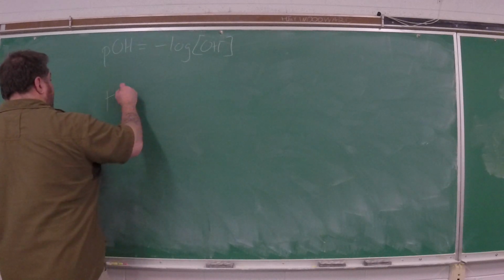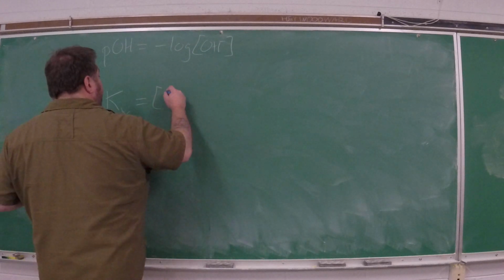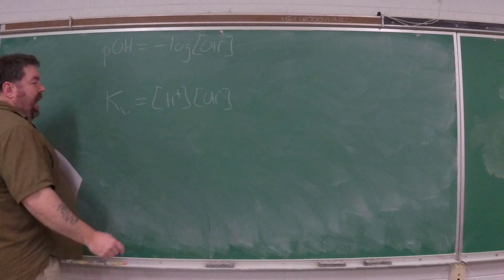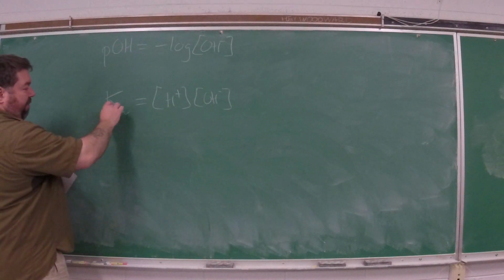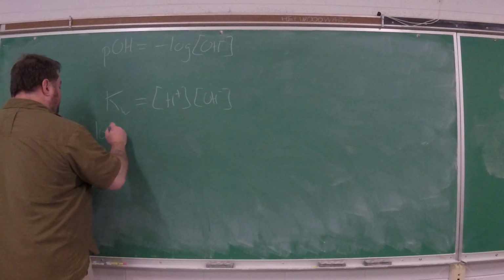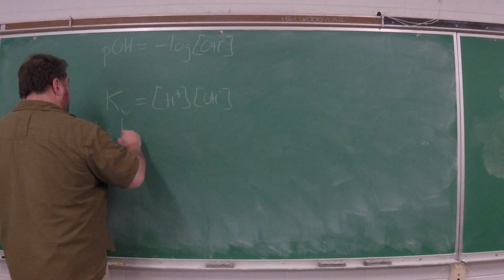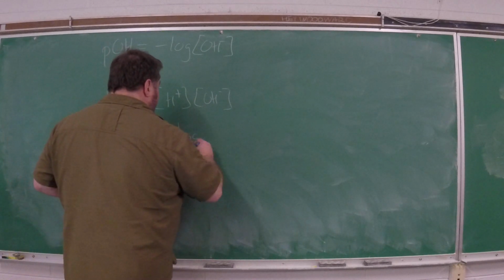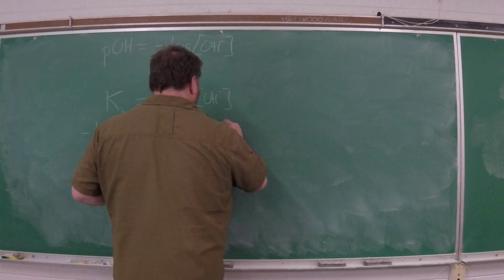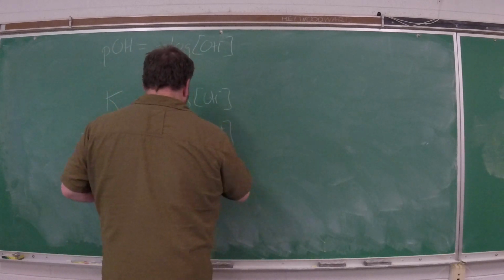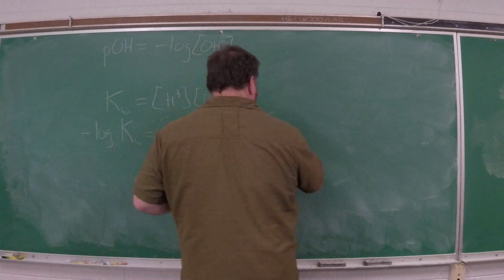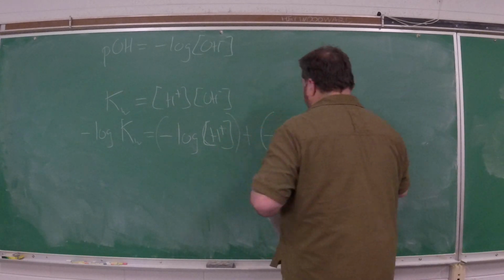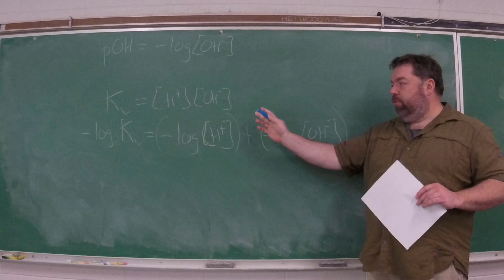We can take a look, we can go Kw equals H plus times OH minus. Now we can take the minus log of all of these. And because of the rules of logarithms, we can split them up. Don't worry if you don't remember all this, the rules of logarithms.